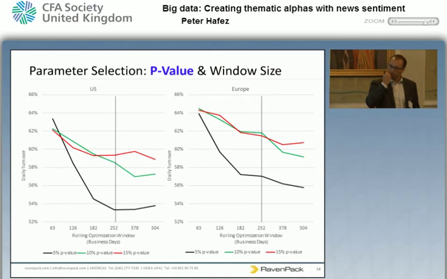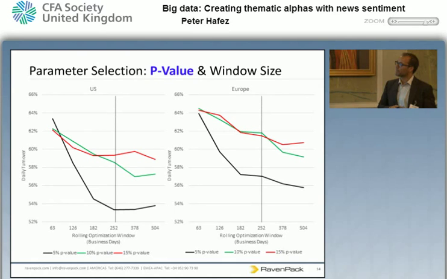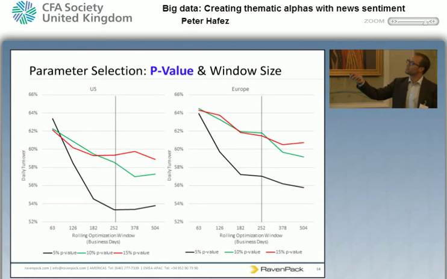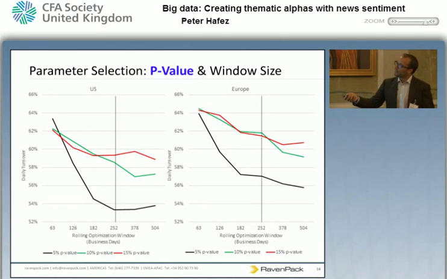If we look at confidence in terms of the p-values that we want to apply, we get a similar picture for both US and Europe, large cap and small cap. And here, by the way, we have turnover. In the previous slide, we selected based on information ratio.